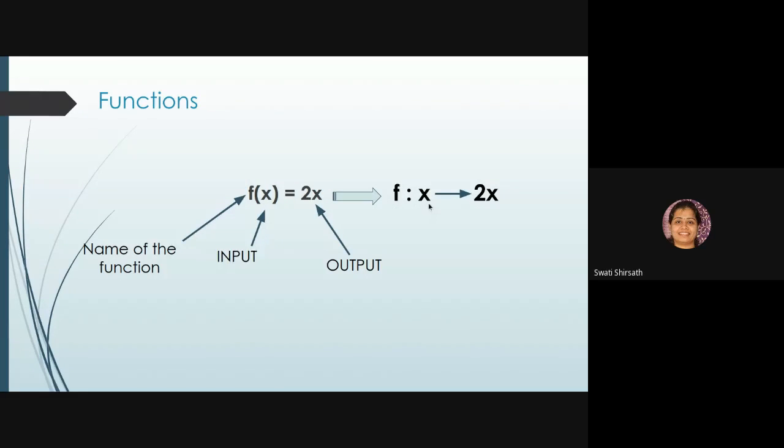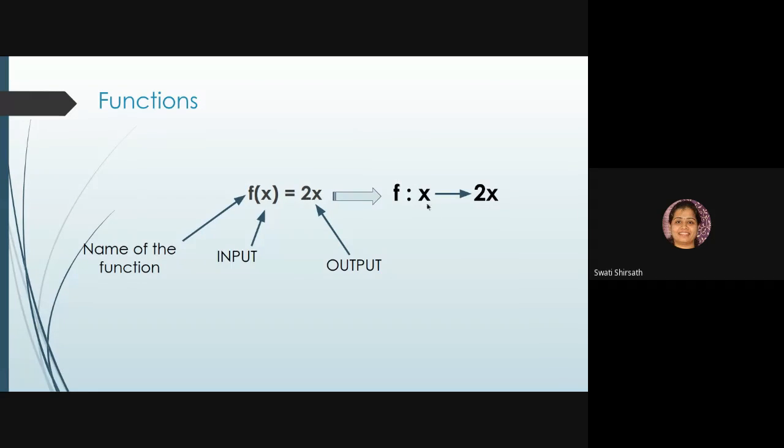F is a function from x into 2x. So if capital N, the set of natural numbers, or capital Z, the set of integers, is given, Z to Z, it means there is a mapping from Z to Z. Domain is Z and codomain is also Z. Okay, so this function can be written in this way also.